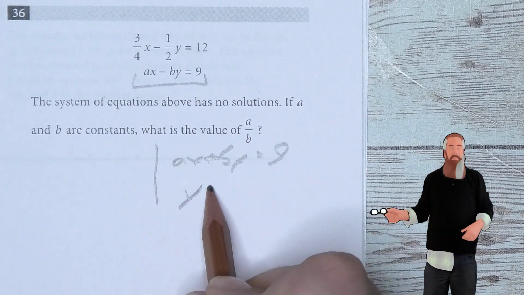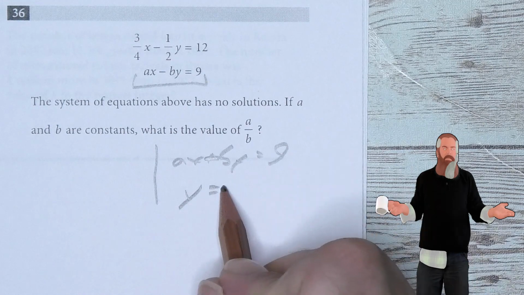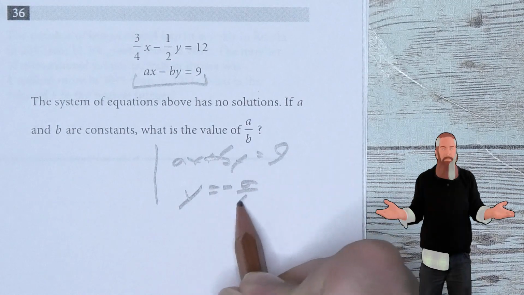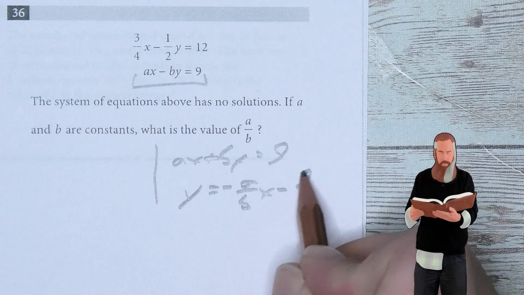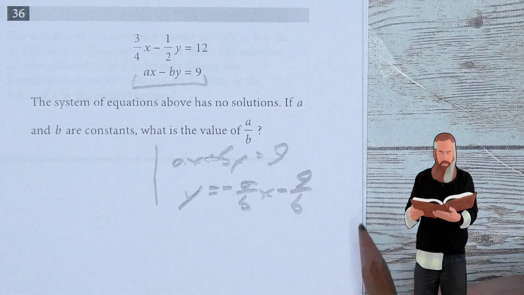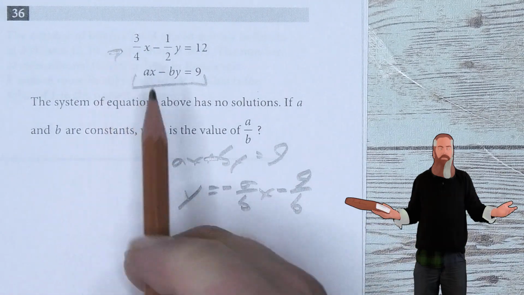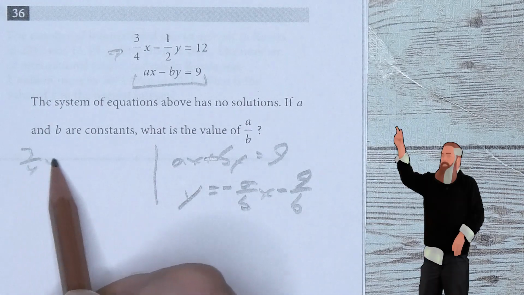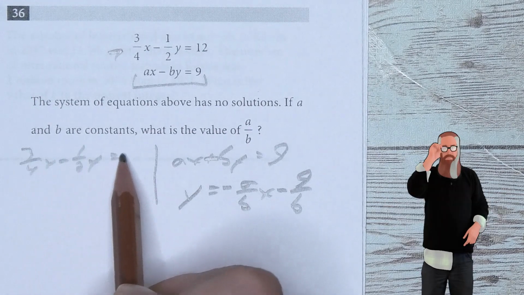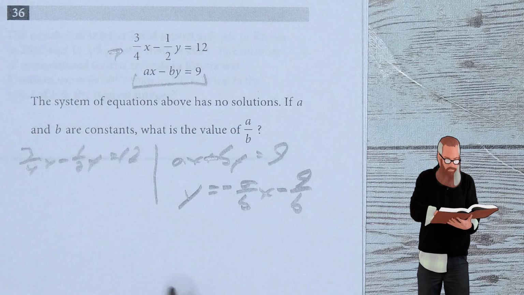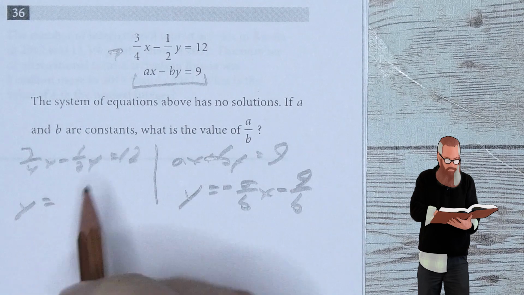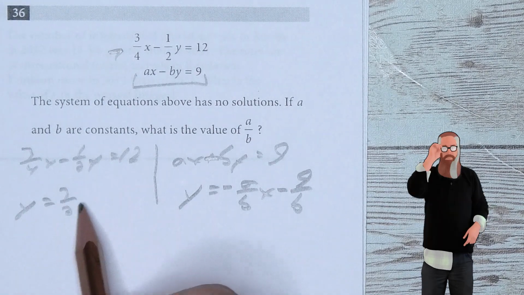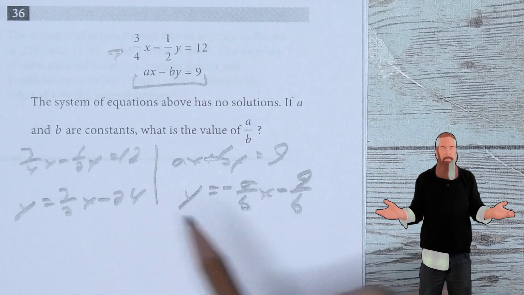Solving for y gives me y is equal to negative a over b x minus 9 over b. Looking at this one, starting with 3 over 4 x minus 1/2 y is equal to 12, solving for y gives me y is equal to 3 over 2 x minus 24.